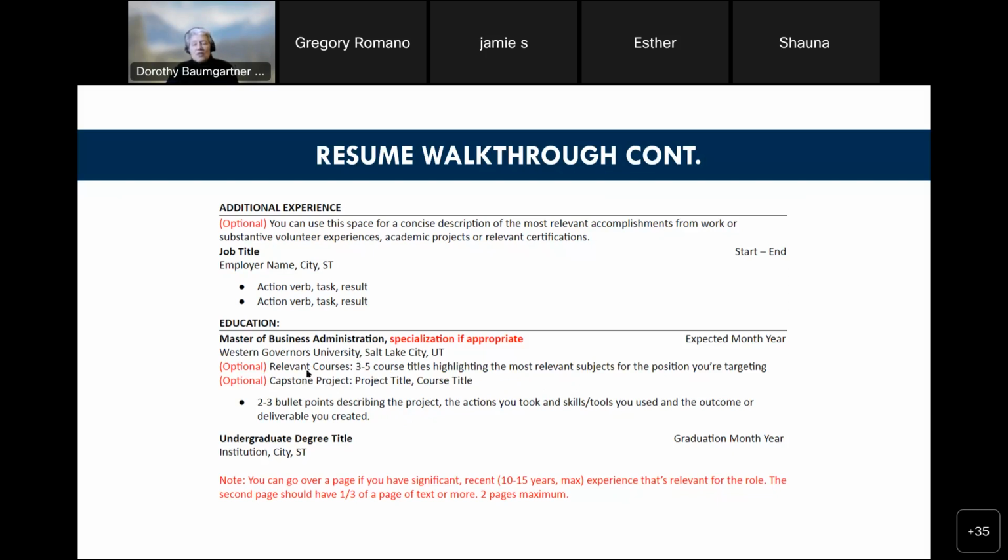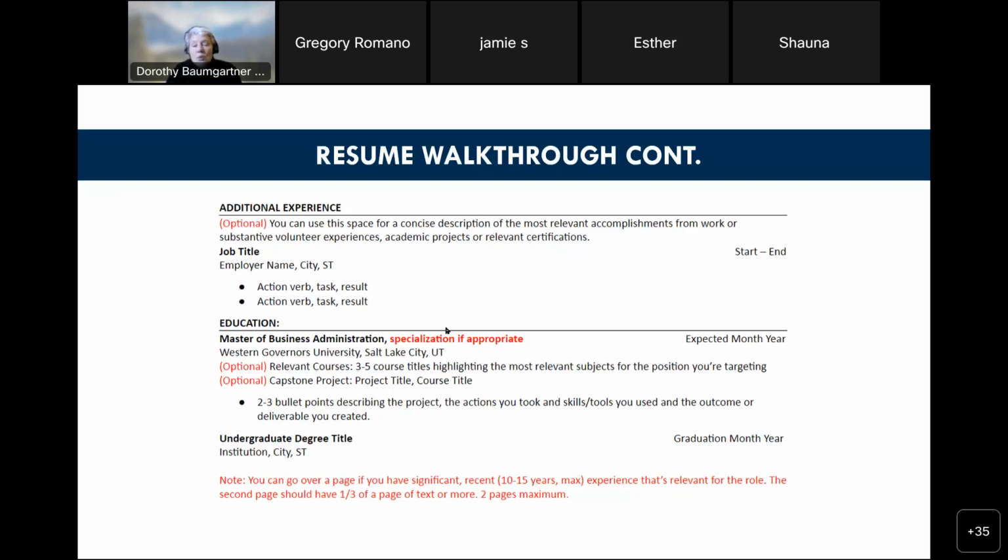I've seen students do this different ways. You can just list the course titles. I've also seen people who've had the space on their resume put separate bullet points for each course. So it would be course title with a colon and then a brief description of the course. And you can get that language from the course objectives, the learning outcomes for the course.